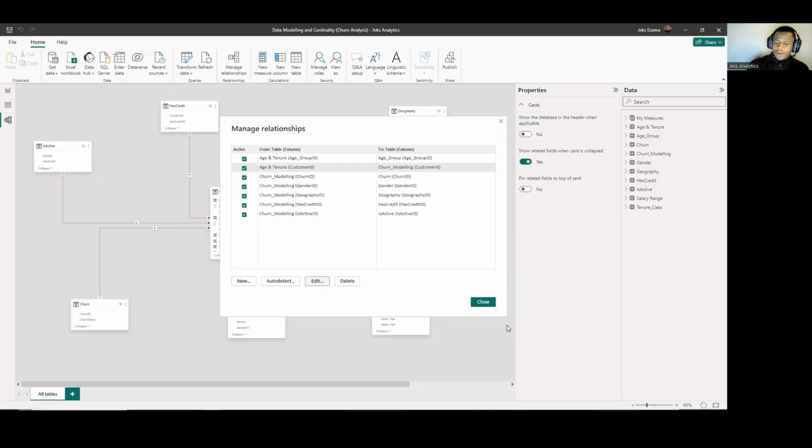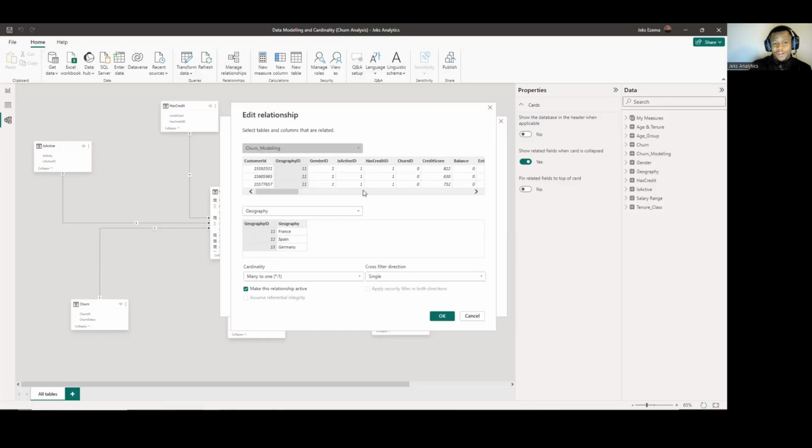Let me find a case again of many to one, so that you can see how you can edit these things yourself. So here again, this is a fact table. It first of all tells you the table, and the column that you are connecting it with. Then this is another table for geography, and this is the column. So when you are connecting these two, it is telling you that it is what?